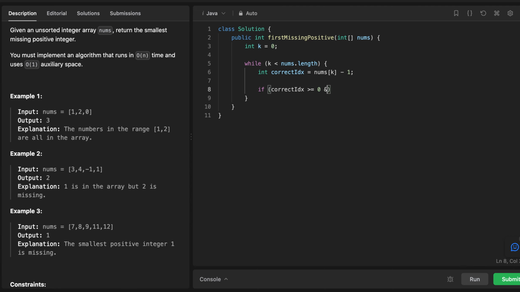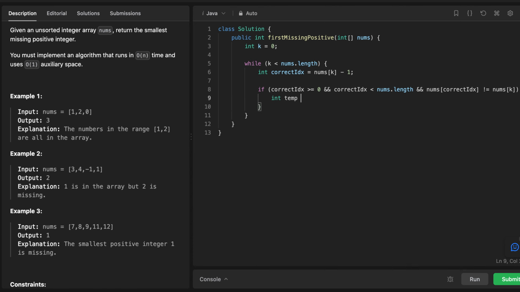So if it is greater than or equal to 0, and also if it is smaller than nums.length, then access the correct index, and if the given number is not equal to the one with k, then swap them.